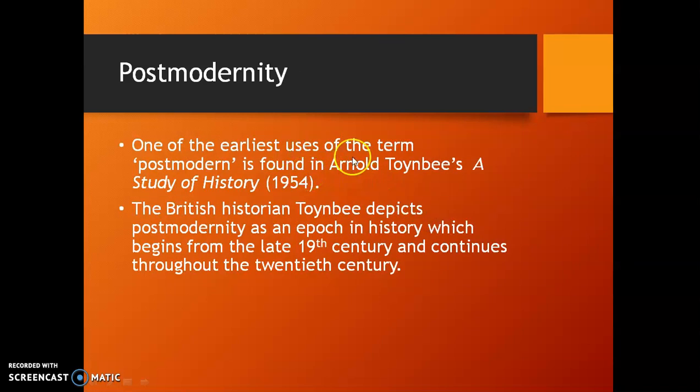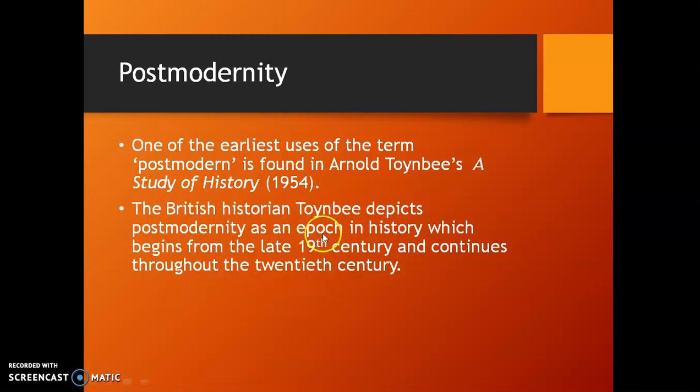And one of the earliest uses of the term postmodern is found in Arnold Toynbee's A Study of History, which was published in 1954. He's a British historian who tries to define what is now known as post-modernity, the condition of being post-modern.